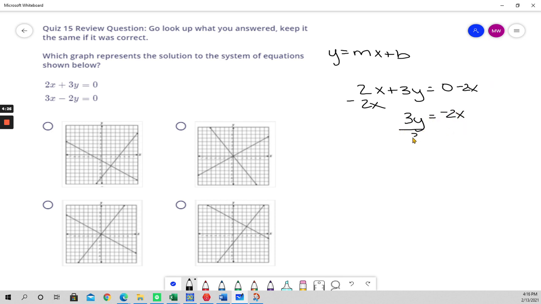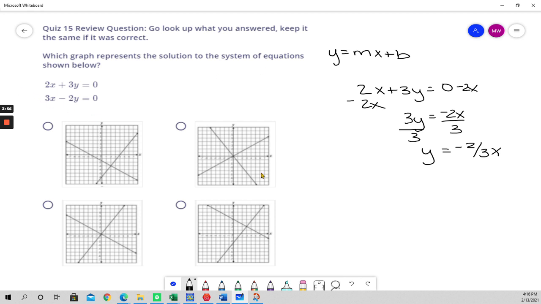I'm going to divide by 3, and I'm going to get y equals negative 2/3 x. Now, I notice immediately that this equation does not have a y-intercept. So, I'll show you what I mean.